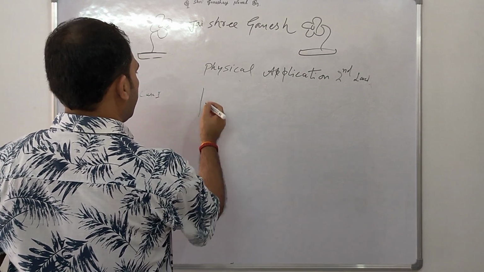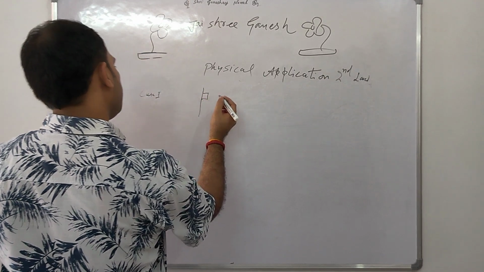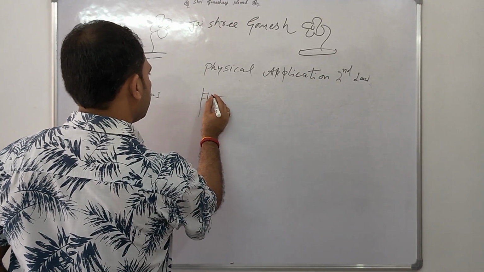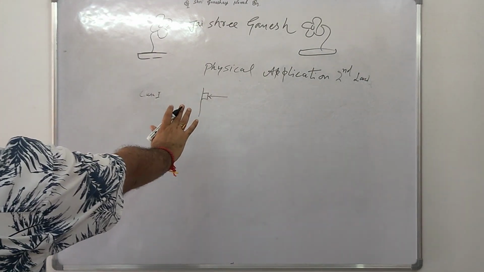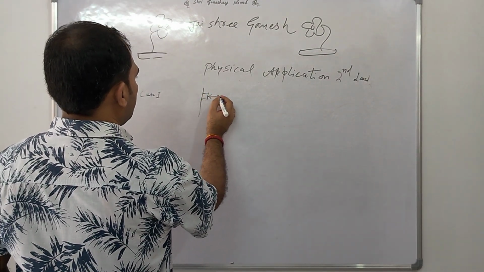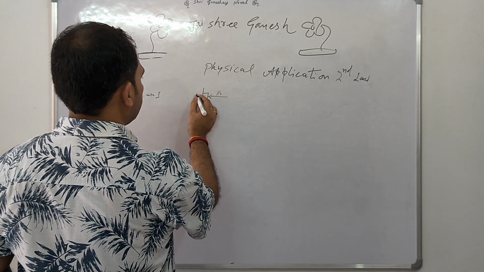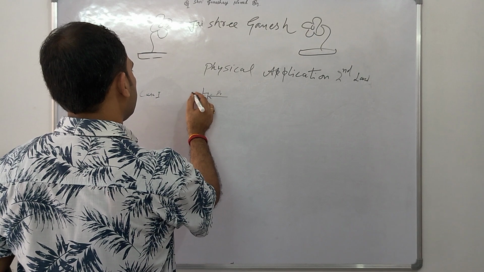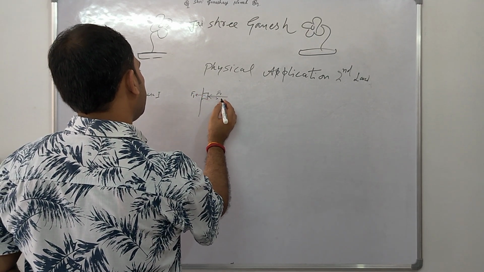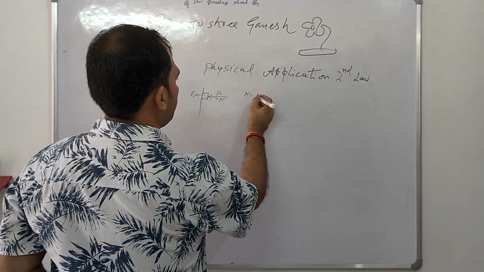This is a vertical plane or a wall, and the body is pushed against this wall in this way. So this force F1 in this direction will be balanced by the normal reaction N. N will be equal to F1.